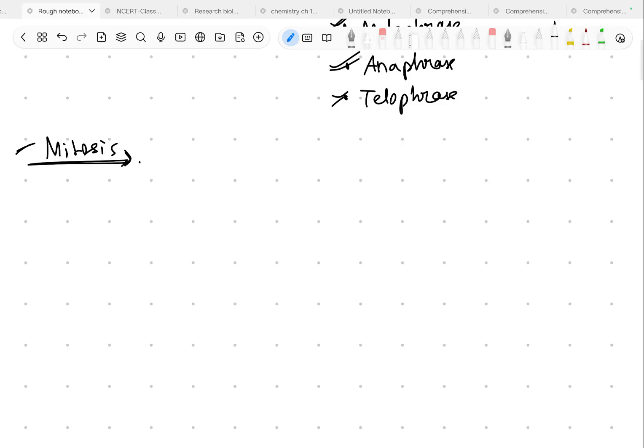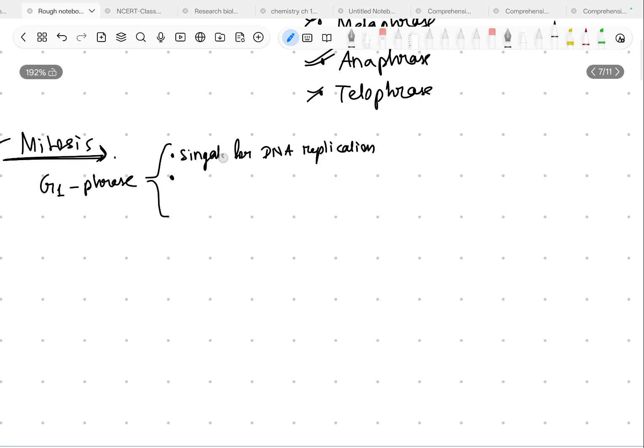What occurs? First the G1 phase comes. Here, signals for DNA replication occur. Actual DNA replication doesn't occur, only the signals for DNA replication.